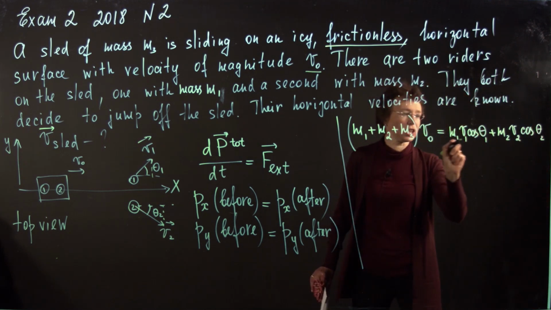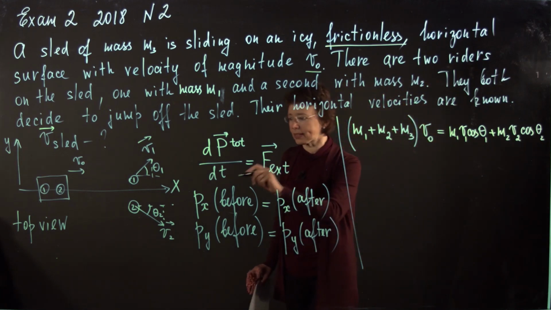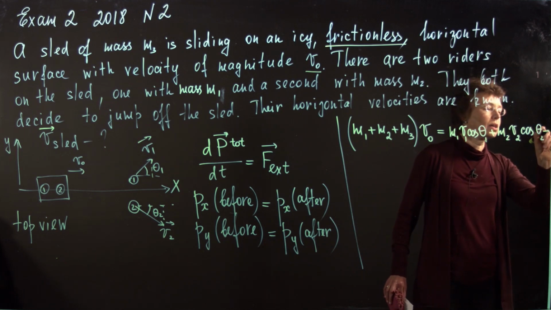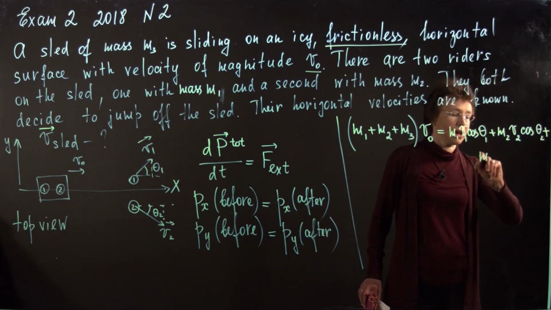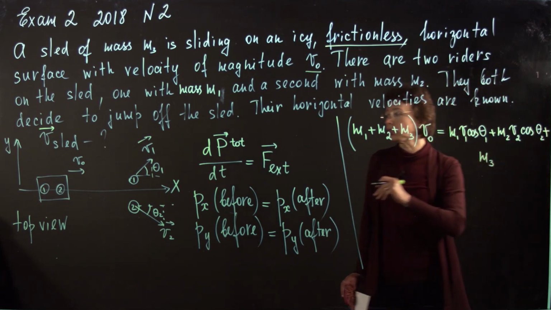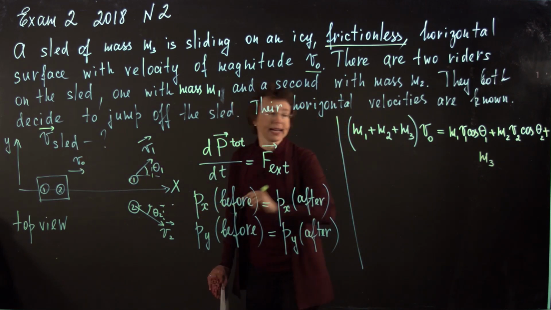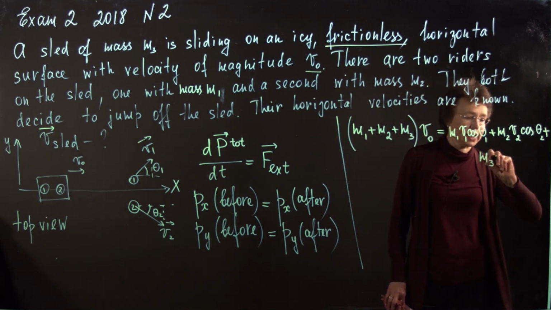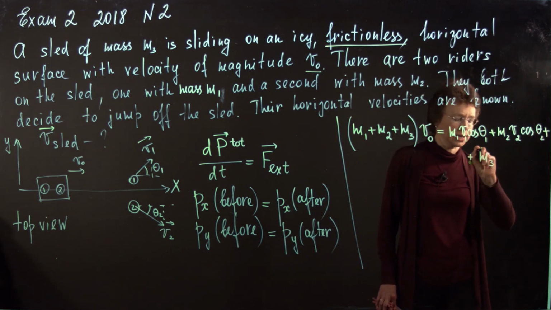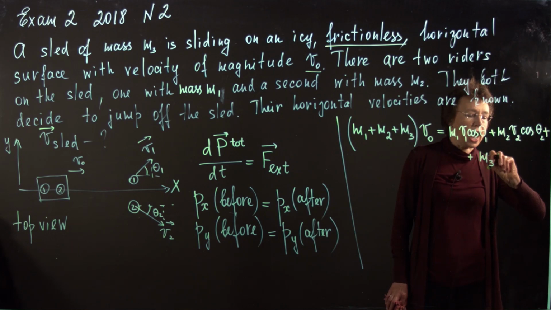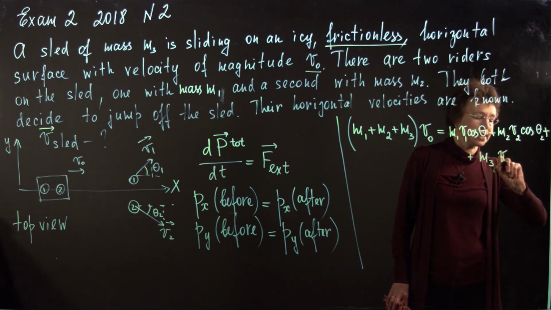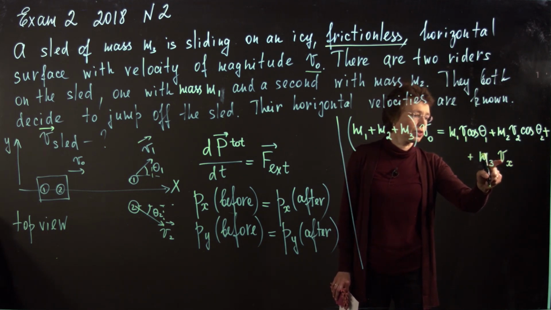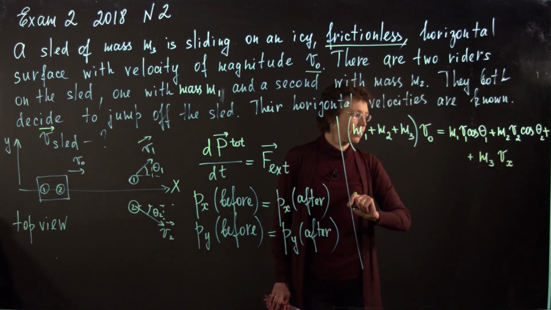It's important to keep these indexes because these masses and velocities are different. And we have the unknown, plus m3, and I don't know the velocity of the sled after this jump. So since I don't know it, I call it v sub x. And that's what we need to find, the velocity of the sled after this jump.